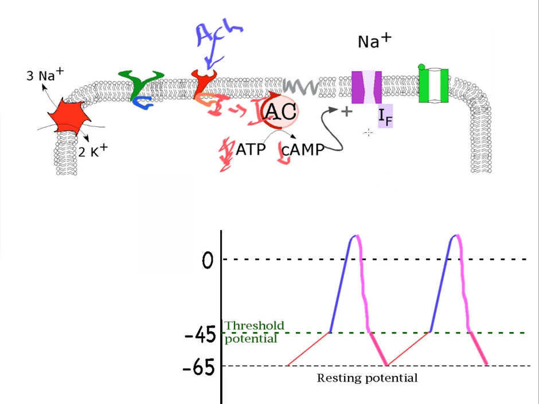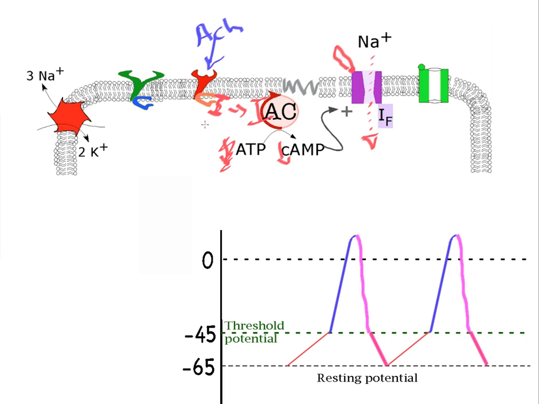When there's less cyclic AMP being generated, when this channel is open, less sodium is going to enter. And if less sodium is going to enter, that would reduce the slope and increase the duration of the pacemaker potential.